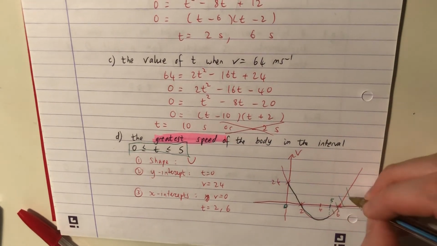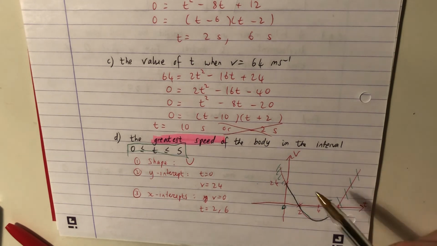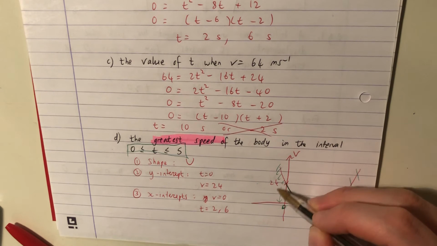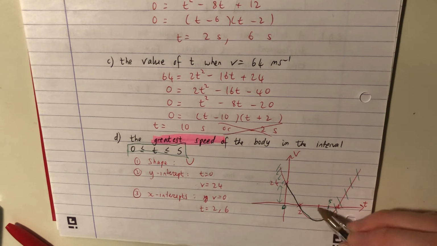Don't care about this, don't care about this. In that section there, I want the greatest speed. Well, it kind of looks like this, doesn't it? It looks like the 24. 24 is definitely the highest positive velocity, but I want to know what this minimum is.